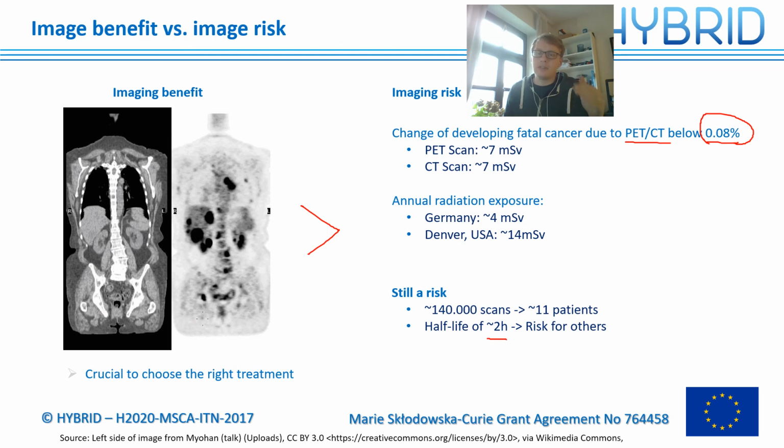So there is a risk for others. It is again small, and for a large point in time you are basically quarantined. You're separated from everyone else, but there is a risk for others. And in the end, the question is: is this information more valuable than this risk?